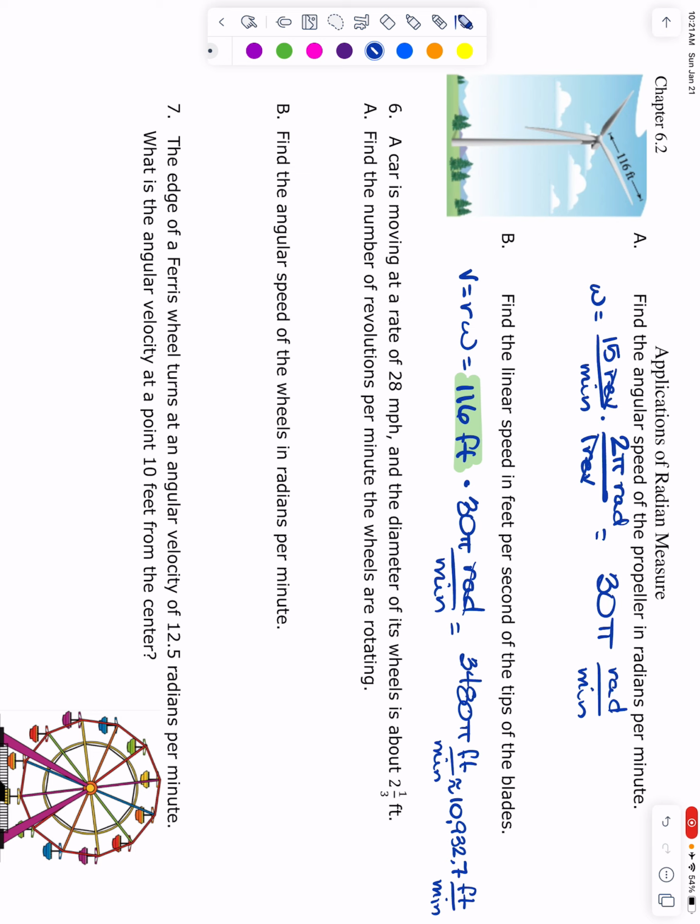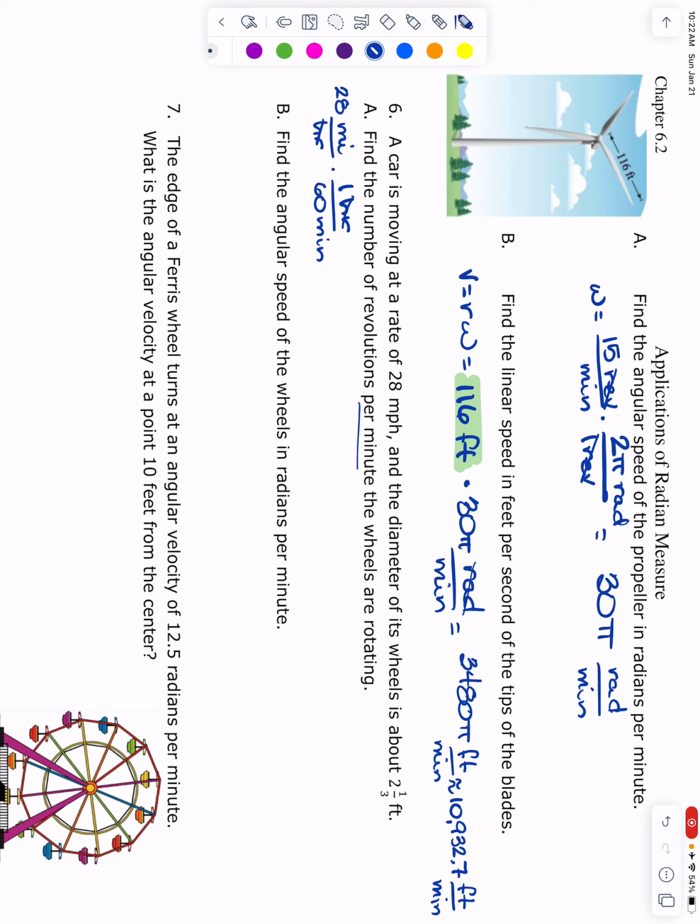So first off, we know that this car is traveling at 28 miles per hour. I know that I want my answer in minutes. So the first thing I'm going to do is convert from hours to minutes. So I'm going to multiply by 1 hour over 60 minutes so I can cancel those hours.